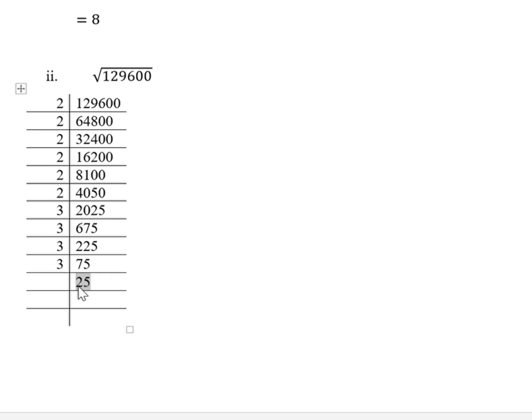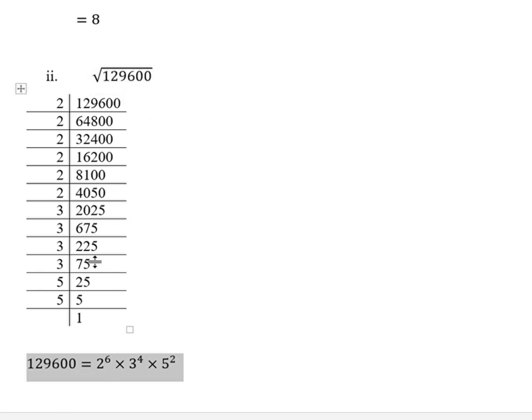Now 3 cannot divide this, so we move to the next prime number, which is 5, and it divides 25 to give 5, and then divide this 5 by another 5, you get 1. So these are the prime factors of 129,600.